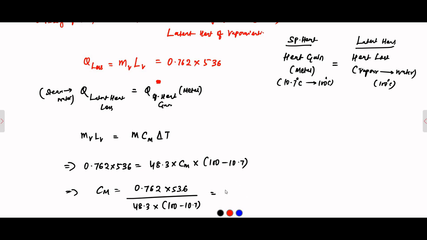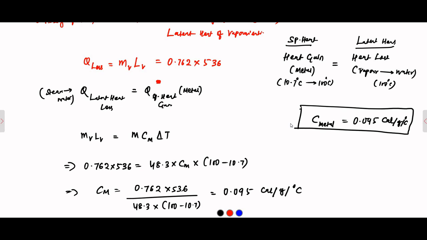If we round it off, it's coming around 0.095 calories per gram per degree Celsius. Why? Because the information here is given in terms of calories per gram for the latent heat of vaporization, and the temperature is in Celsius. So the specific heat of the metal is equal to 0.095 calories per gram per degree Celsius.